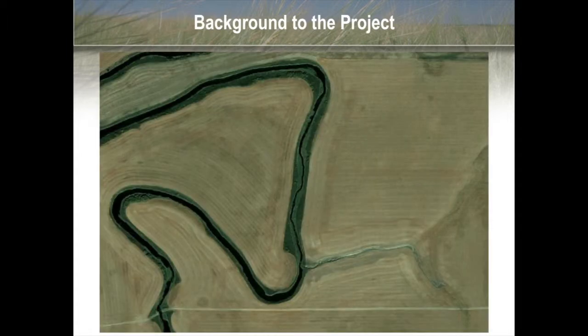I'll give you some context of the complexities we came across, because immediately you think it's probably not that difficult a problem to address. But if you look at this picture of this stream, you can see that over here you've got some aspect of a buffer. Down here there's virtually nothing, and you can ask yourself, what should there be?